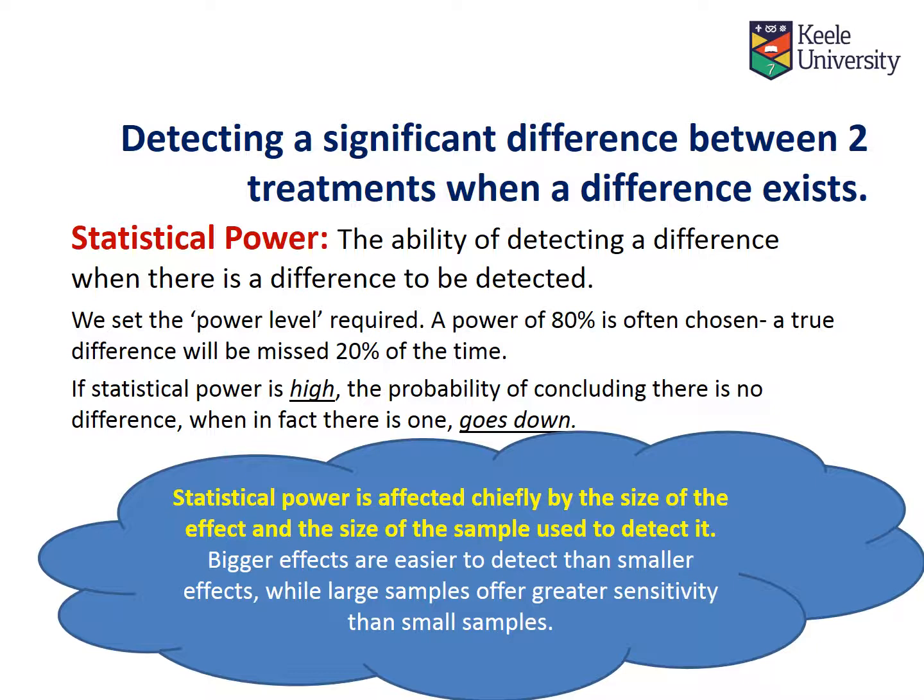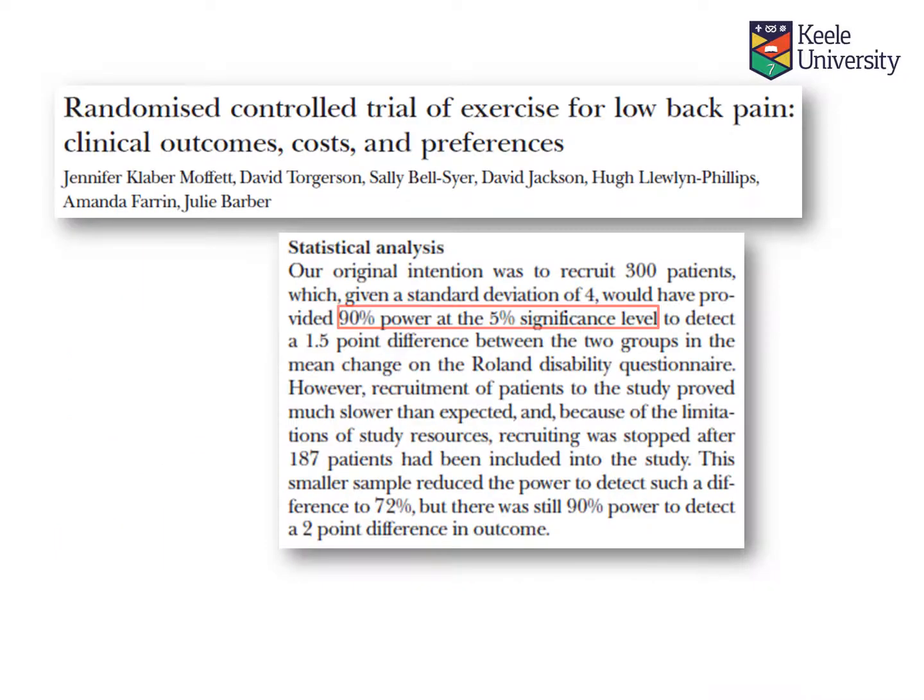And if you are looking for a larger effect size, the more likely you will find it quicker and with a good power. So these are the two things that affect the power. This is what power is. Two things: sample size and the effect size influence the power.